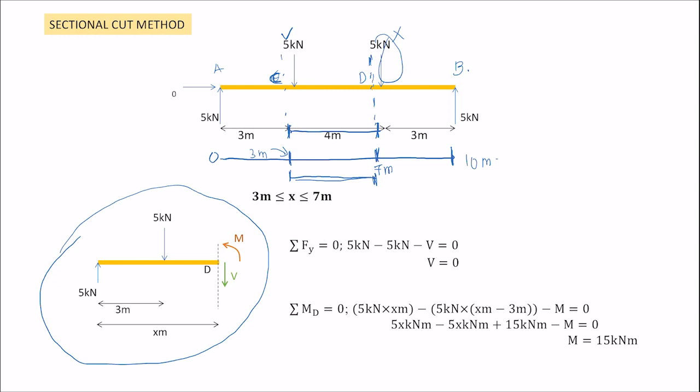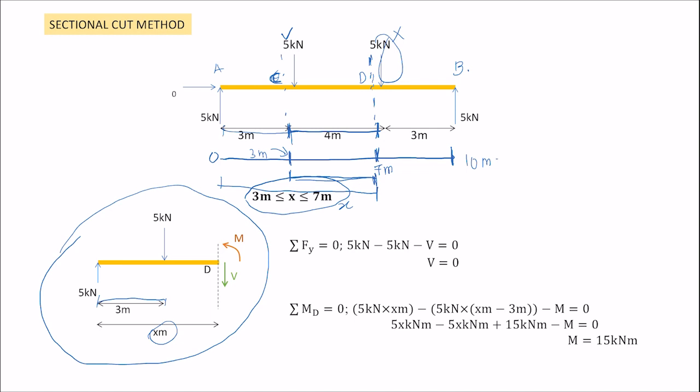And that 5 kilonewton is only 3 meters from here. Up to the cut we don't have a value, so we put it as X meters. We leave it like that, but we know that X must be greater than or equal to 3 and less than or equal to 7.